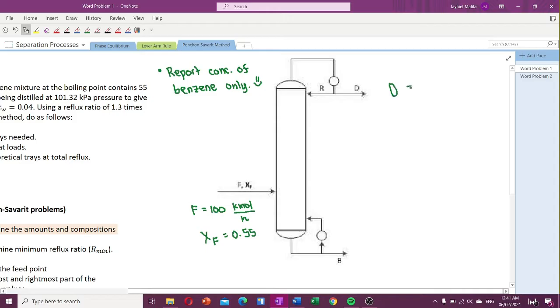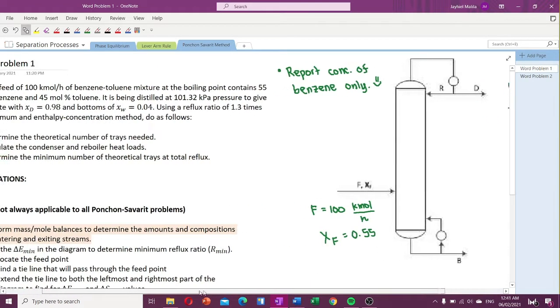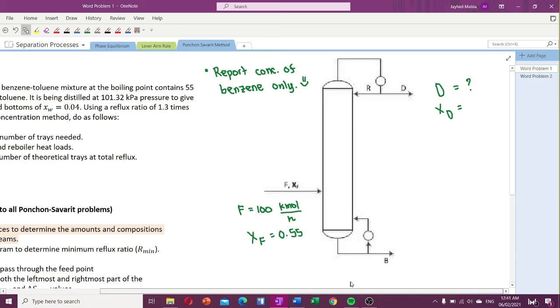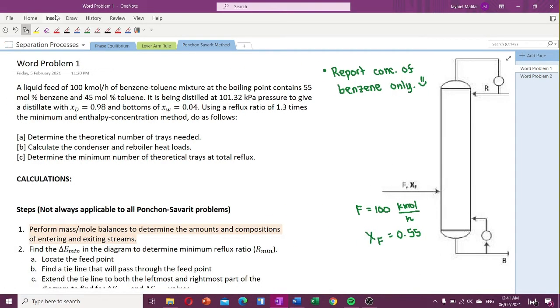So we don't have the amount of distillate, but we have the expected distillate composition, which is 0.98, and we also don't have the value of the bottom stream, but we are expected to have xB equals 0.04. I'm changing this one to xB just to clarify things.